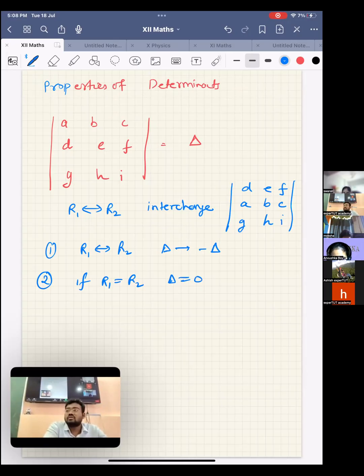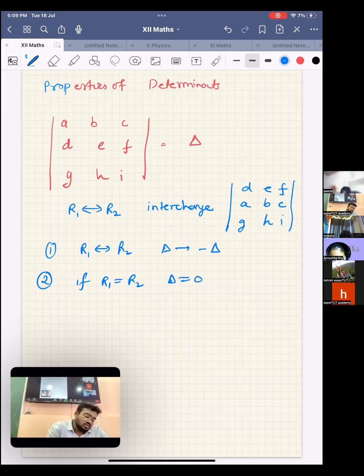If any two rows are equal, or C1 equal to C2, any two rows or any two columns are equal, then the delta is 0. It could be different.